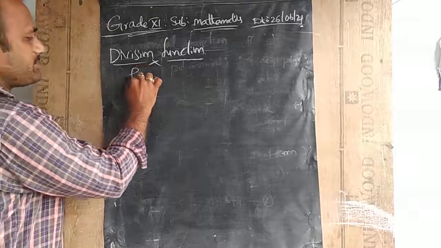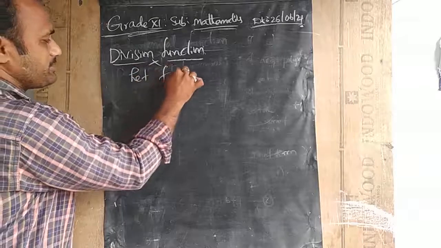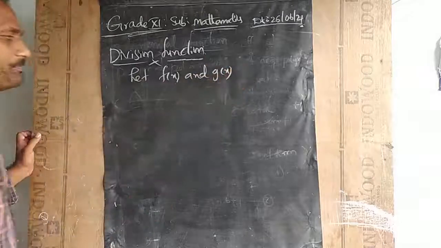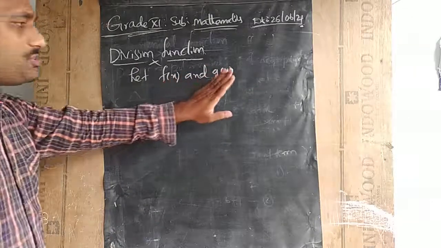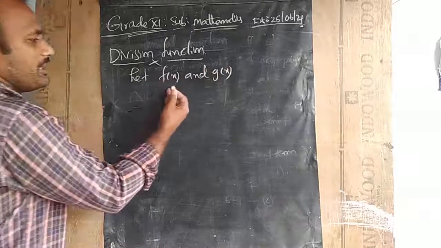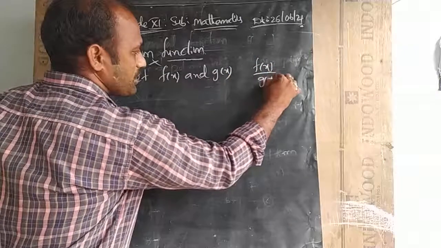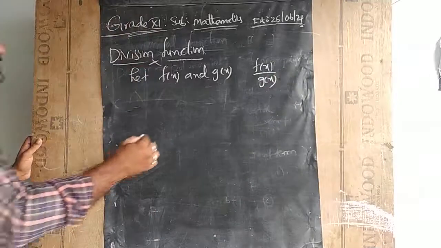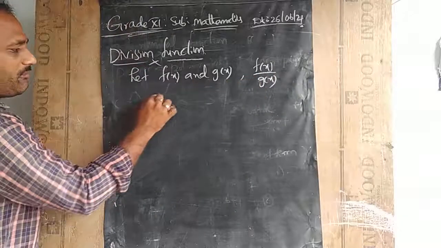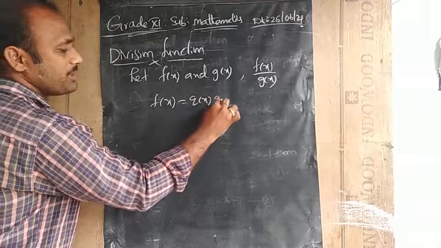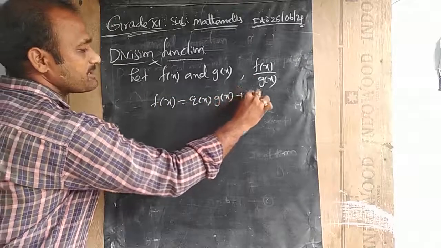Let f of x and g of x be 2 polynomial functions. f of x is one polynomial function, g of x is another polynomial function. If I am performing division f of x by g of x, which is in rational form, then according to the theorem we can write f of x is equal to q of x into g of x plus r of x.